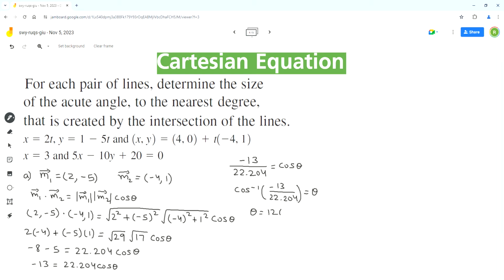So this is the angle between the direction vectors. Now this angle is an obtuse angle because its value is between 90 degrees and 180 degrees.